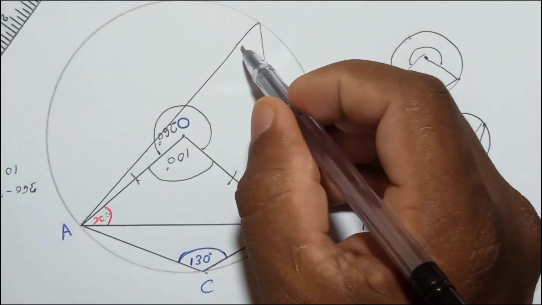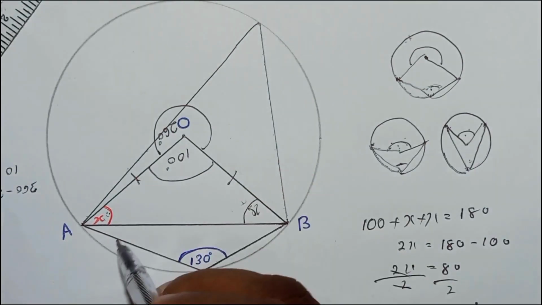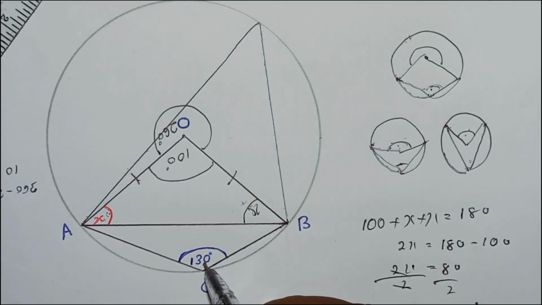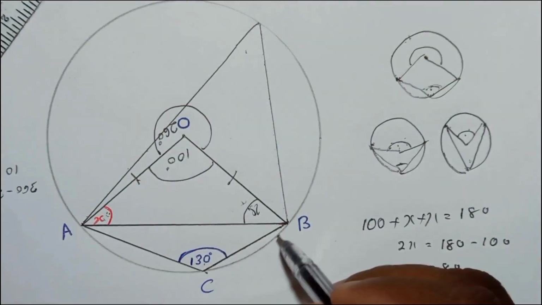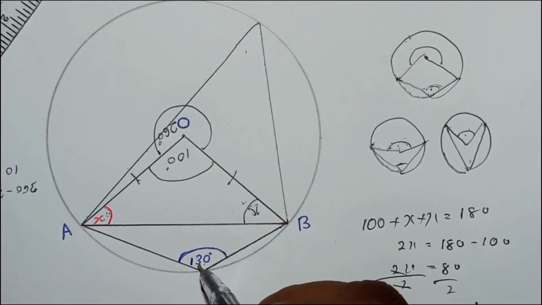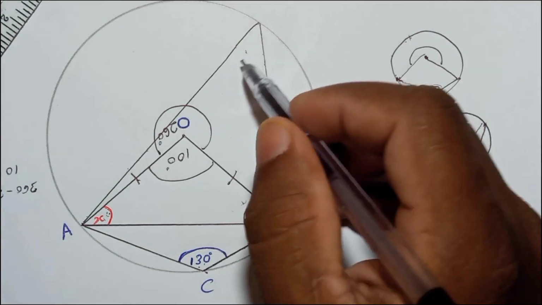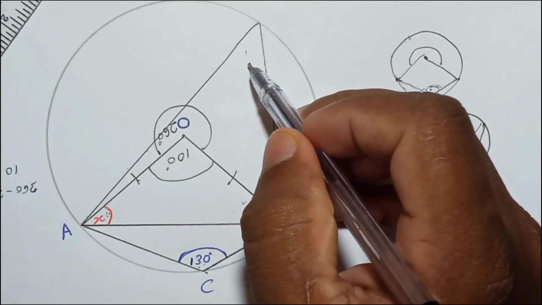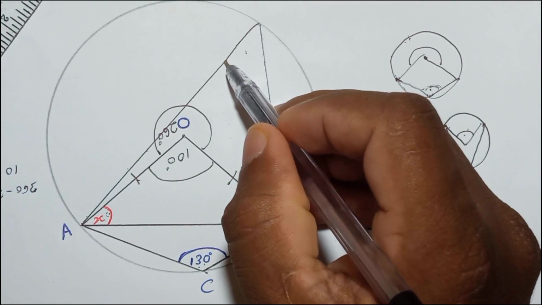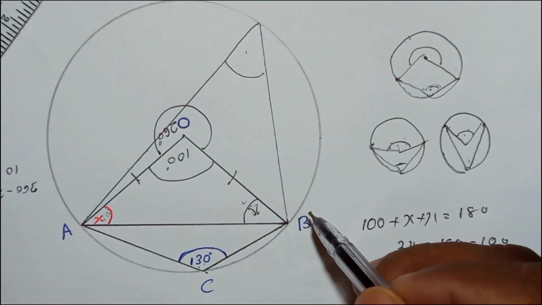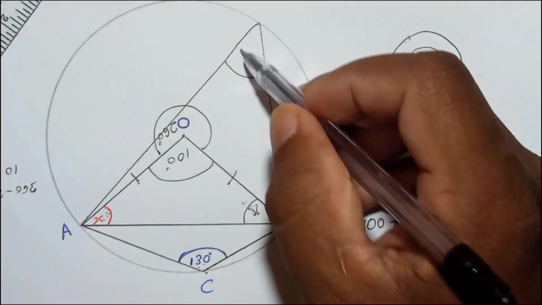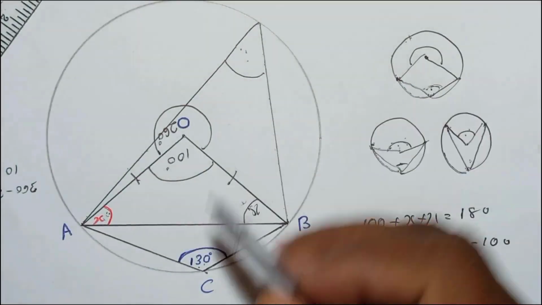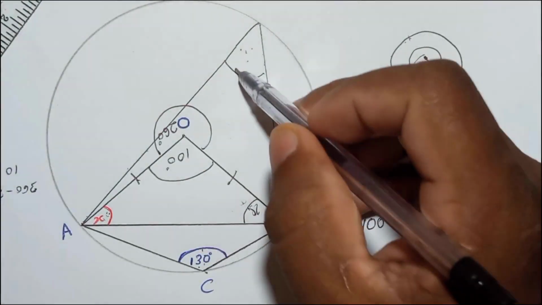Now they give here 130, then how much should this one be? Because this is a cyclic quadrilateral. In a cyclic quadrilateral, opposite angles add up to 180.